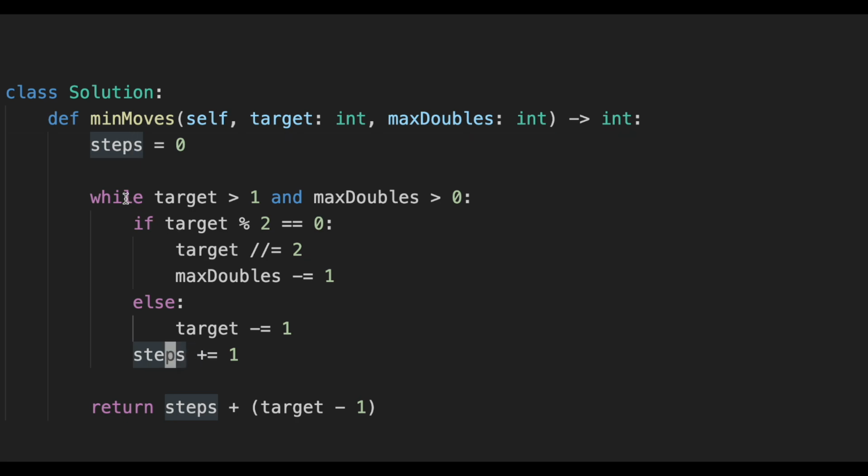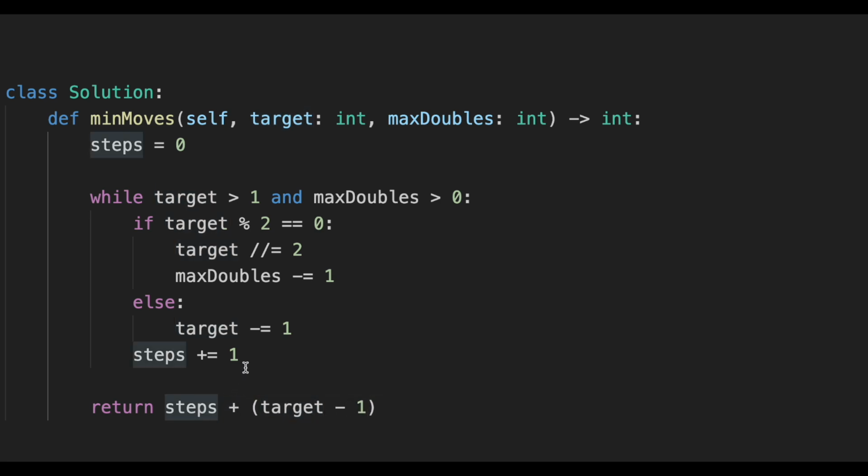Once we exit this while loop, which means that we don't have max doubles, for the rest of the target that we have, we add target minus 1, because when we are going in reverse we are going from target to 1.